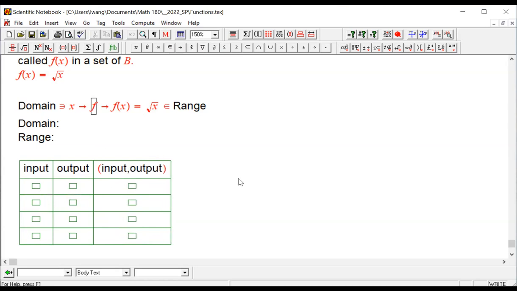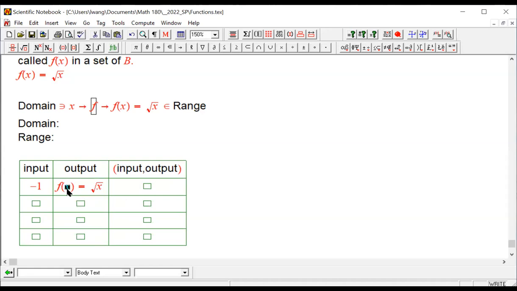So the input we're going to choose, right? Because we don't know the domain yet, I might choose some negative number, I'm going to choose 0, and I'm going to choose a positive number. Say for a negative number, for example, if I choose -1 as the input, the rule will assign to -1 the square root of -1.